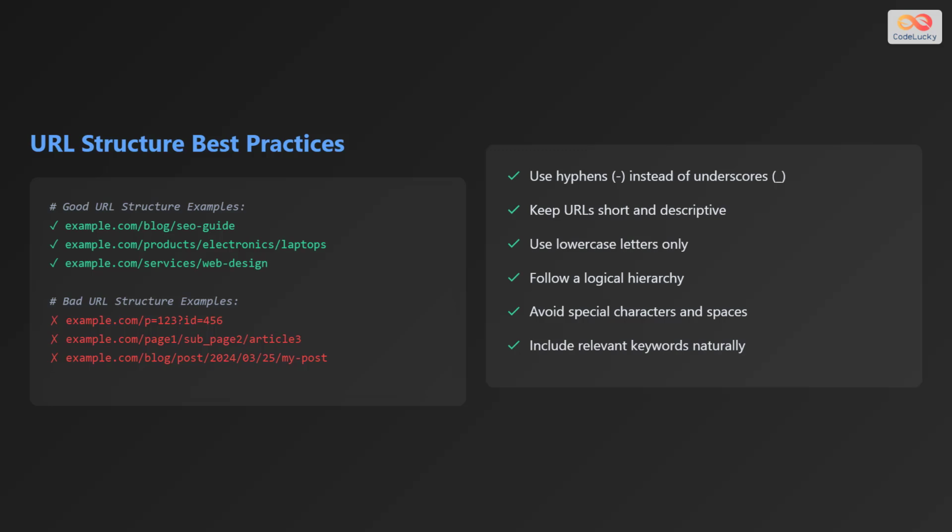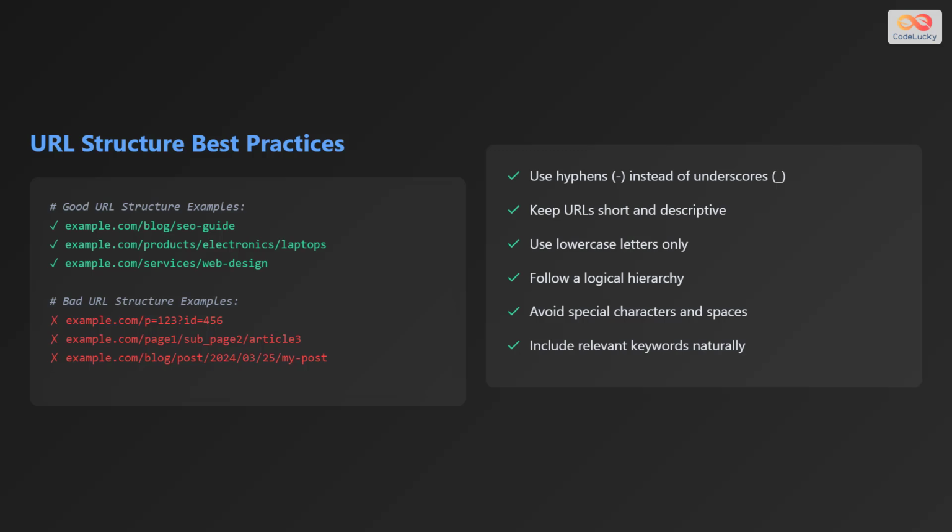Here are some of the uniform resource locator structure best practices to follow. Some good examples of uniform resource locator structures are example.com/blog/SEO-guide, example.com/products/electronics/laptops, and example.com/services/web-design.